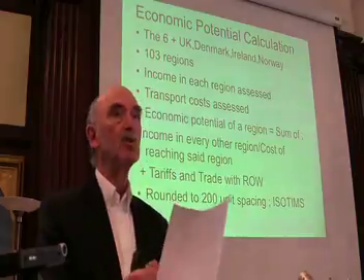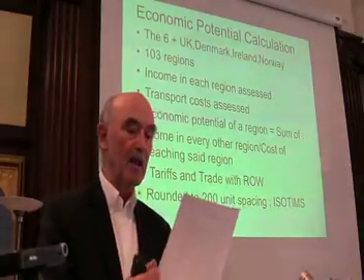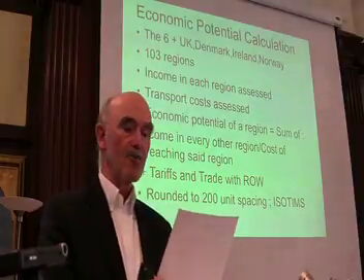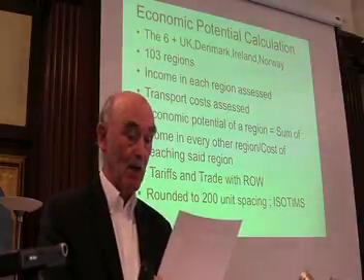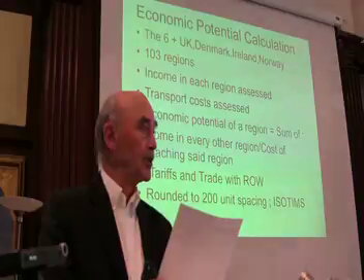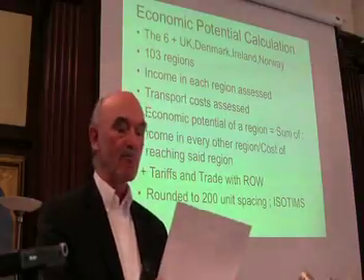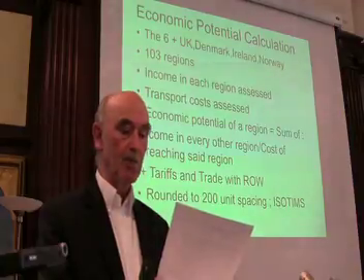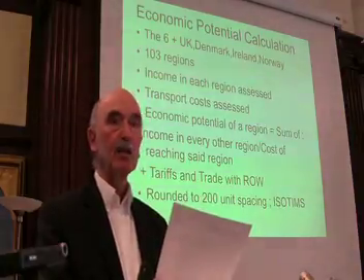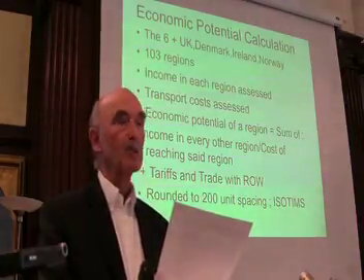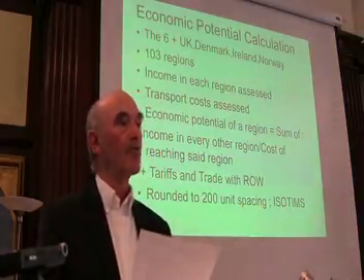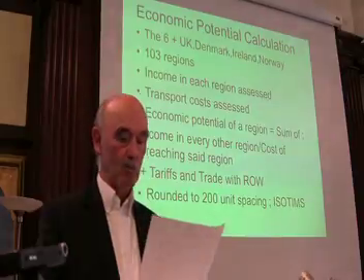It considered the original 6 members of the EEC plus the 4 candidate countries and divided them into 103 regions. For each region, the economic potential of that region was assessed by calculating the income in that region, and then for any particular region, the transport costs for getting a 10-ton load to and from every other region were calculated.